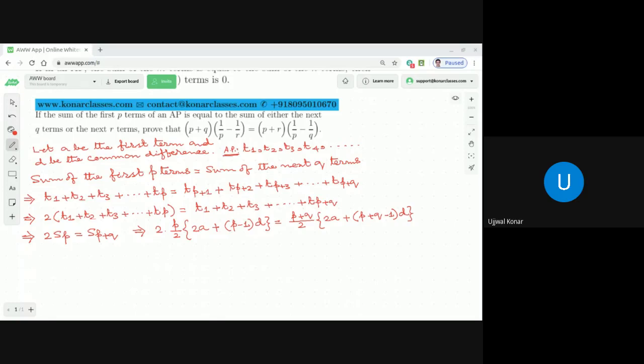Anyone has any doubt, please ask me. So from here what do we get? 2P by P plus Q is equal to 2A plus P plus Q minus 1 into D divided by 2A plus P minus 1 into D.